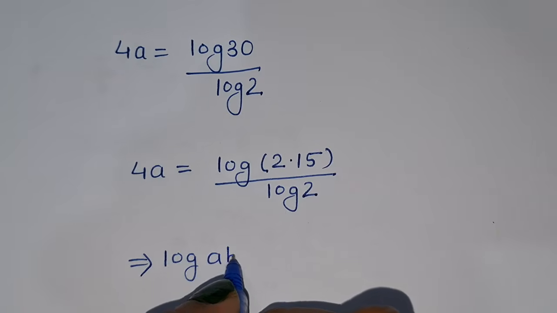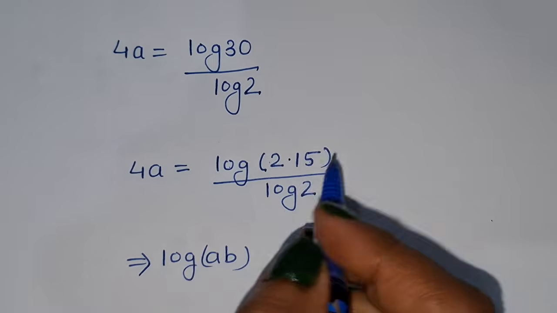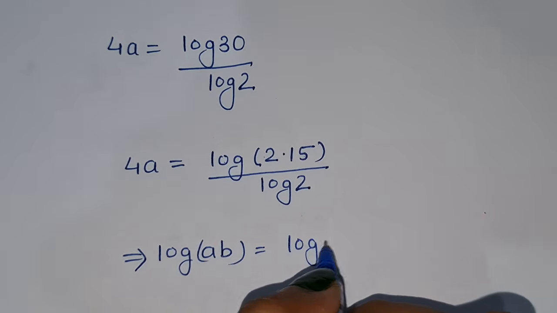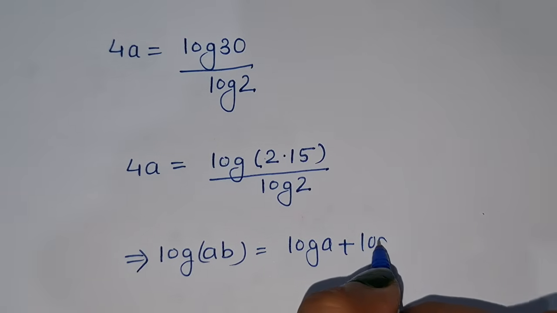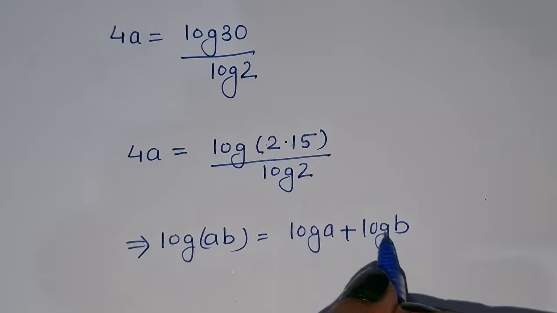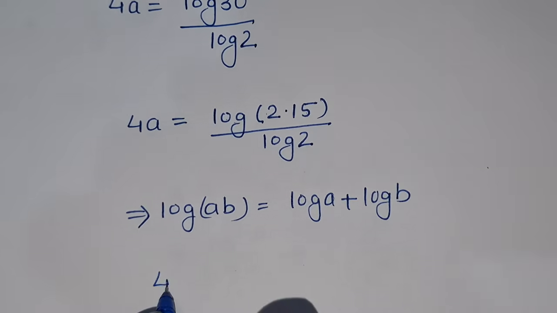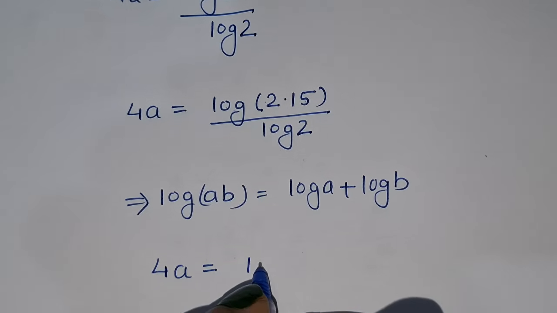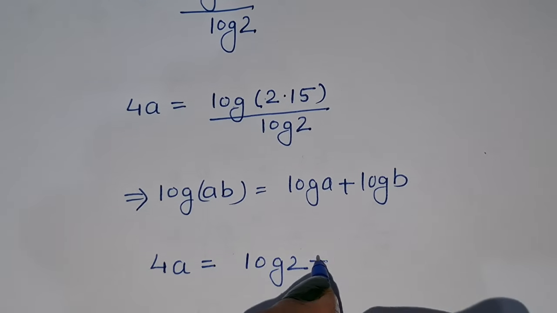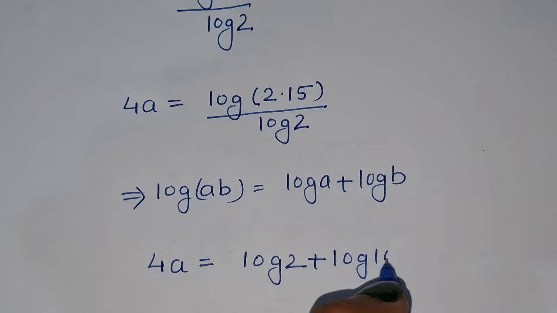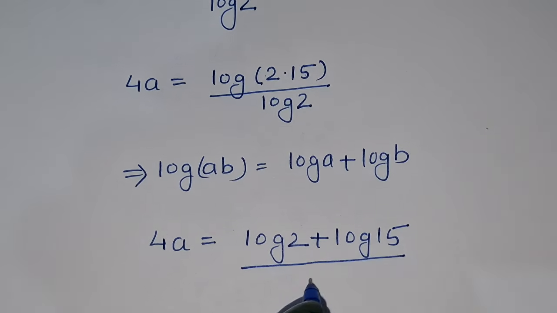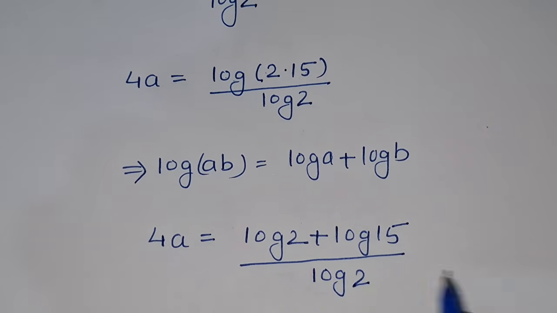Now log of a times b, log of ab is equal to log of a plus log of b. This is the formula. So using this formula, we can write 4a is equal to log of 2 plus log of 15 divided by log of 2, right?